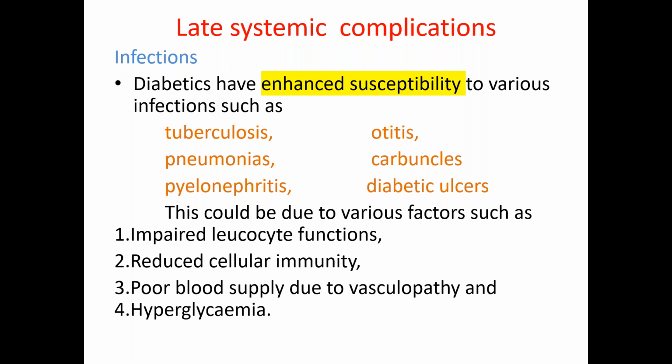to infections, predisposition to infections, because the glucose that is present abundantly in the blood is not utilized by the bodily tissues, but this is a good nutrient for fermentation by the bacteria. So the bacteria flourish well in the presence of high glucose in the interstitial tissues and blood.